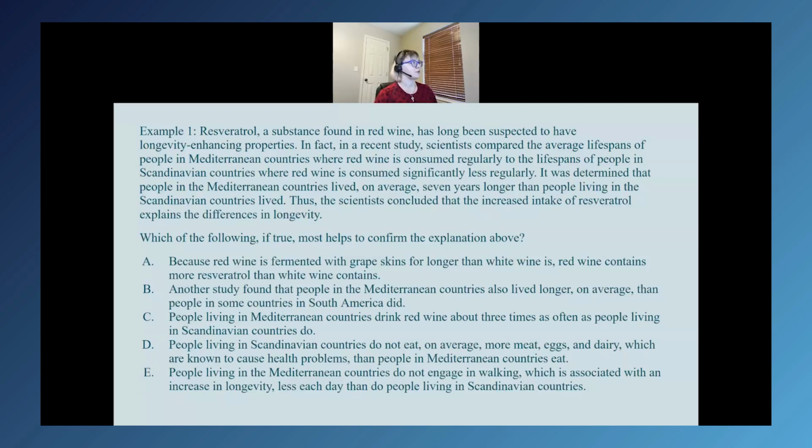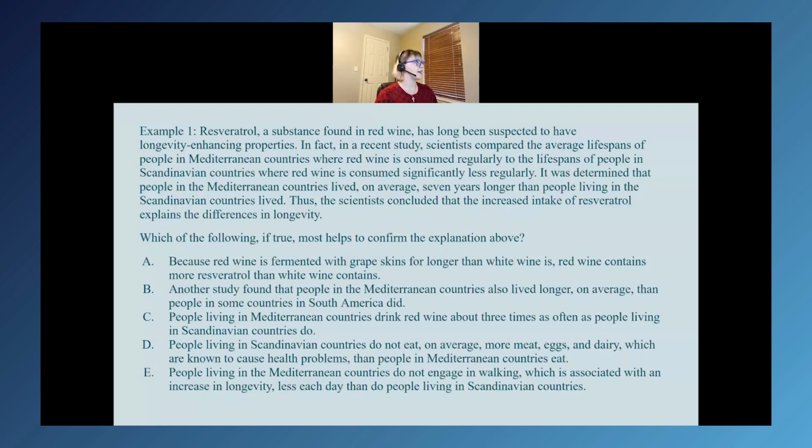Okay. Resveratrol. Resveratrol, a substance found in red wine, has long been suspected to have longevity enhancing properties. In fact, in a recent study, scientists compared the average lifespans of people in Mediterranean countries, where red wine is consumed regularly, to the lifespans of people in Scandinavian countries, where red wine is consumed significantly less regularly.